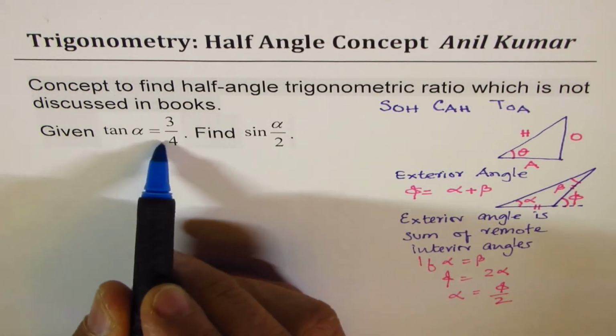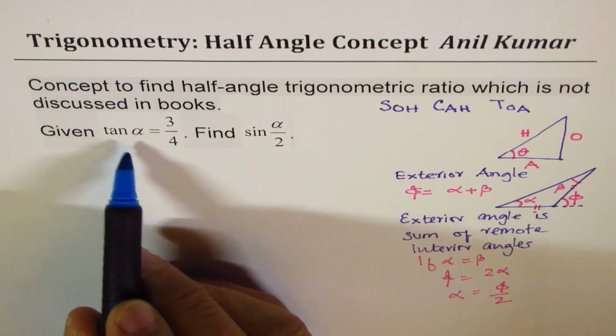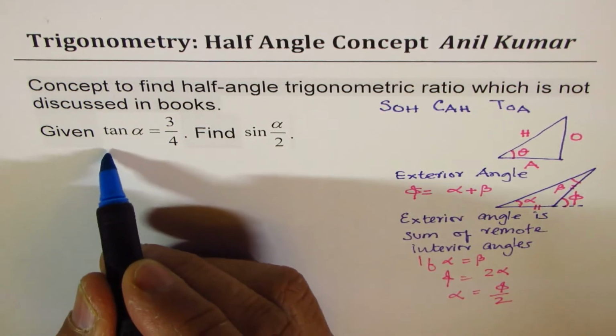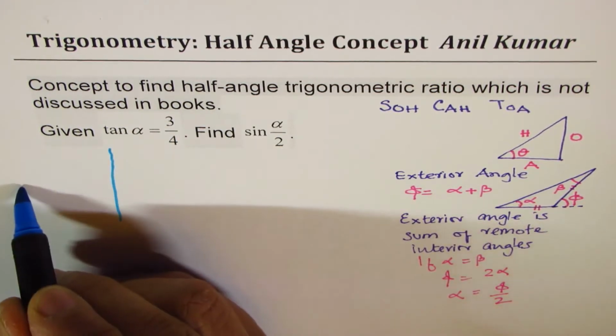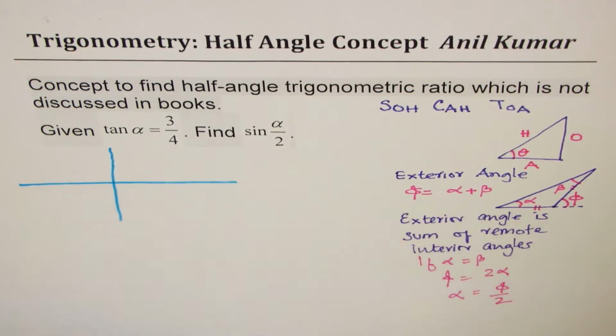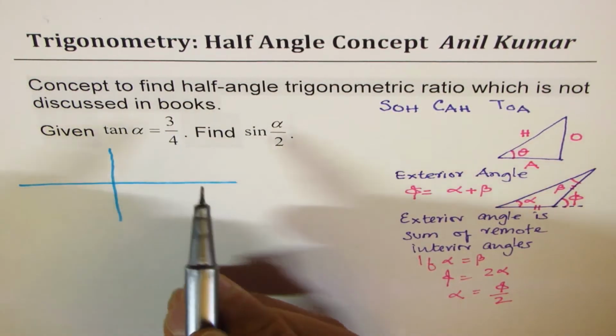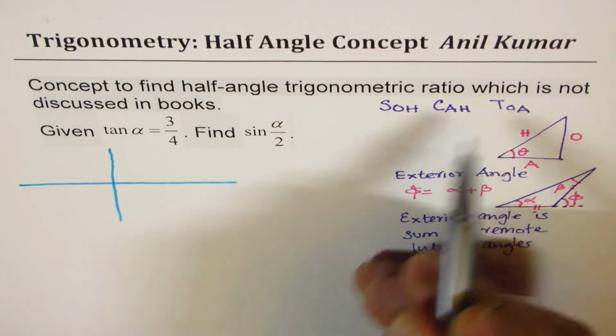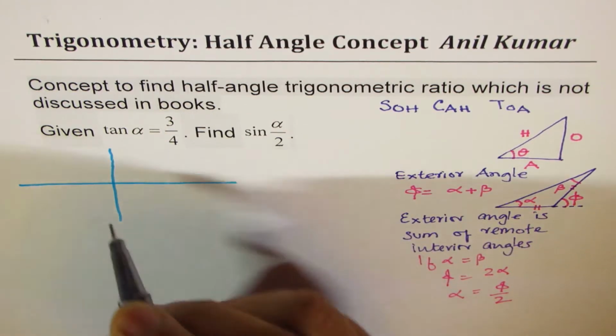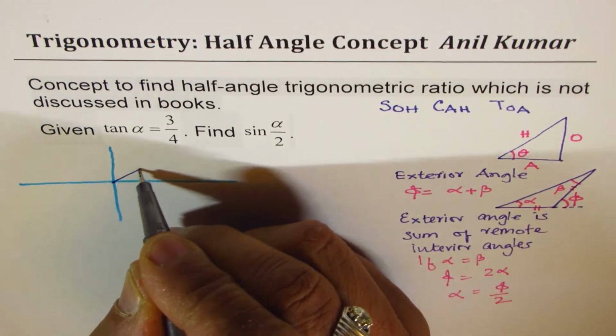Now let's look into the question. We are given tan alpha is 3/4. So the best thing is to sketch it on a coordinate plane, correct? When I say tan alpha is 3/4, that means the opposite side is 3 and adjacent is 4. So let me make a triangle like this.